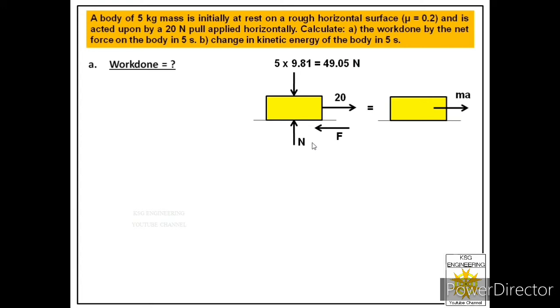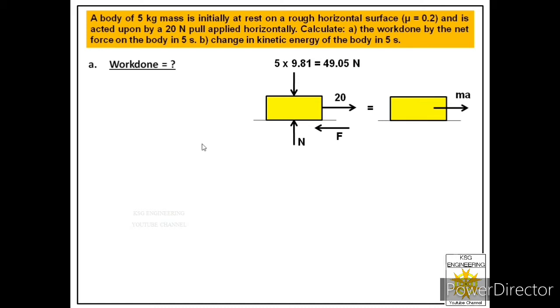We know the block was at rest initially, so the initial kinetic energy is 0. But we have to find the final kinetic energy, for which we need the final velocity of the block. That we don't know right now, so let us see how we can calculate it.